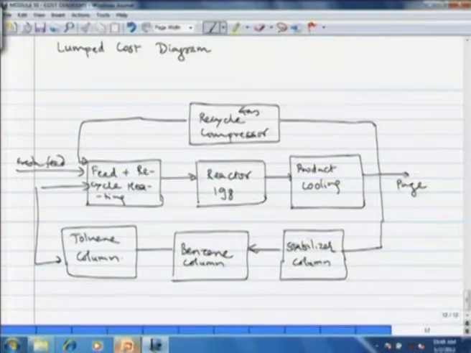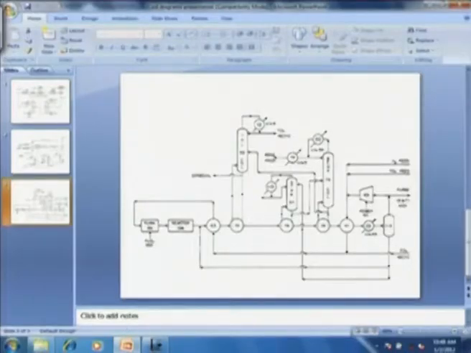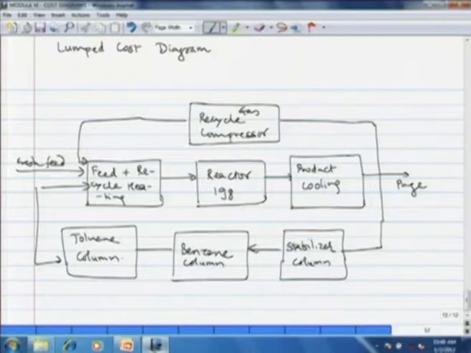Now next, the feed and recycle heating. Let us go back to the flow sheet. We have here 2 heat exchangers that heat the feed, fresh as well as recycle, and then we also have a furnace that does the job. So now we lump all those costs, gather the elements that are associated with feed and recycle heating, and then sum them together.